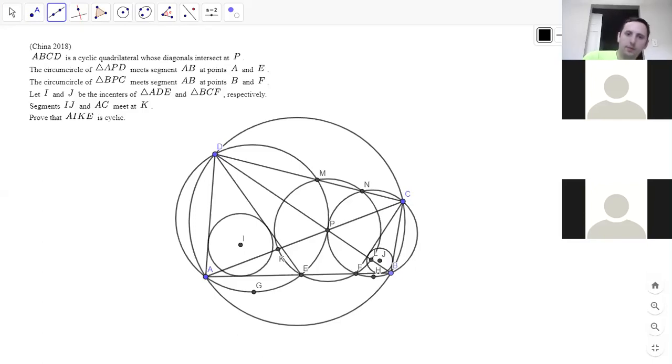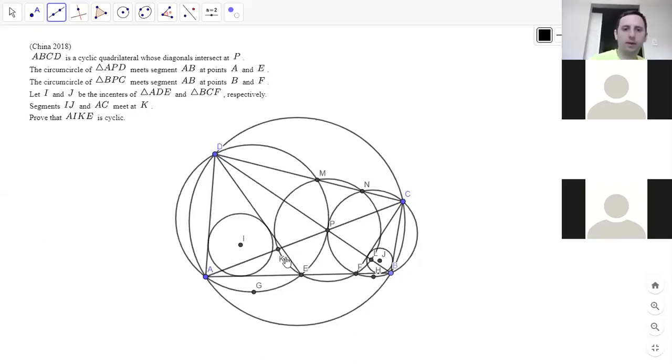Can we show that PG is perpendicular to KE? If we can show PG is perpendicular to KE, I think that would solve the problem. We know that's true because we defined K as PK equals PE, and from angle chasing, K is on the circle of AIE.